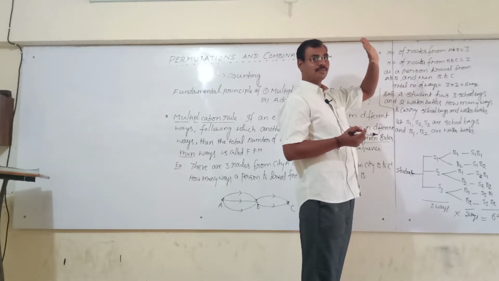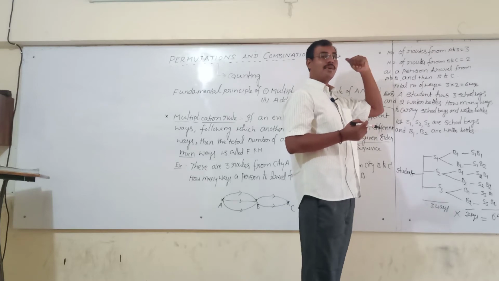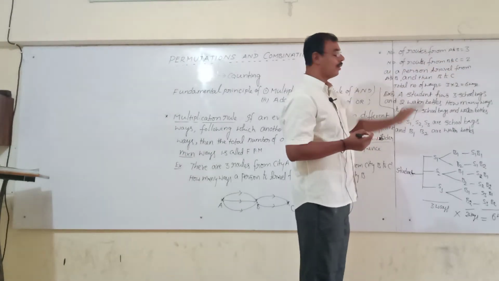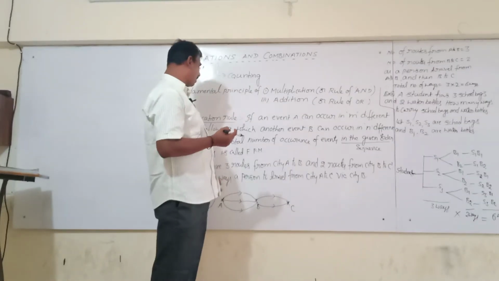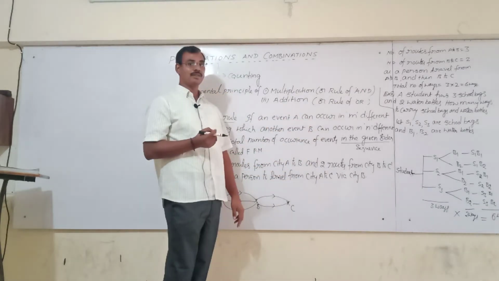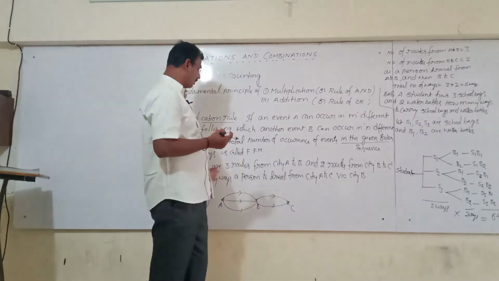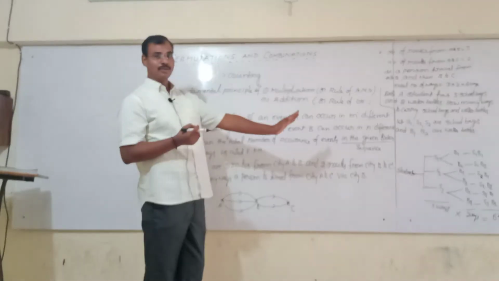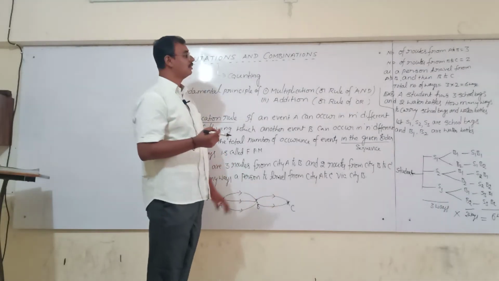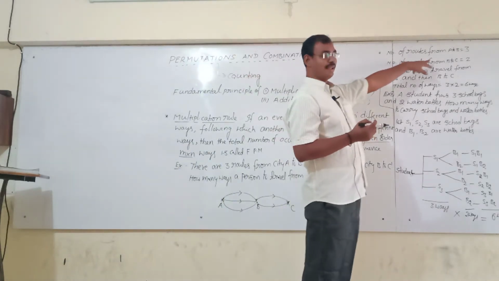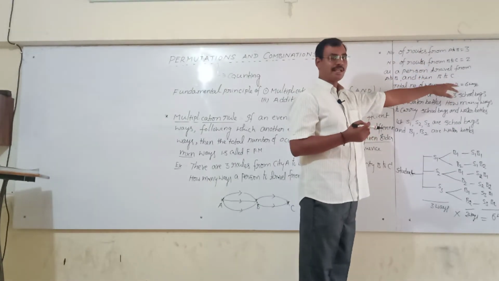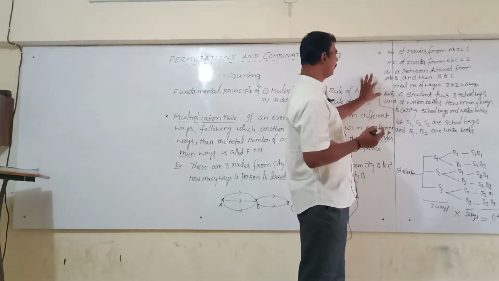He further travelled from B to C, because the question is that he wants to travel from A to C via city B only, through Mudhol. Here, Jamkhandi to Bagalkot through Mudhol only there is a route. There is no direct route from A to C. So the second event is done in 2 ways. So the total number of ways is m into n ways.